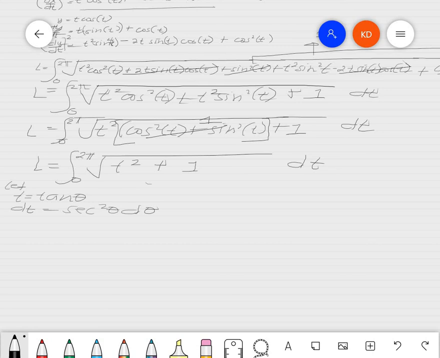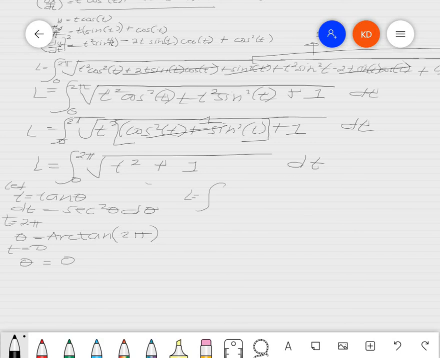If t is 2 pi, we will have theta is equal to arctan of 2 pi. If t is equal to 0, theta is equal to 0. Let's try to substitute it.